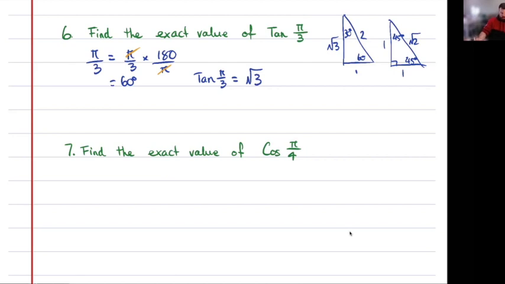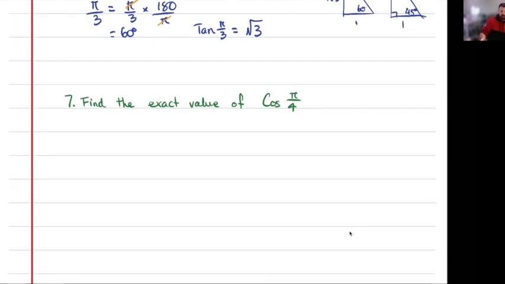In question 7, looking at it the exact same way as question 6, we've got to convert pi on 4. Hopefully from earlier, you remember that pi on 4 was equal to 45 degrees. If not, pi on 4 times 180 over pi, the pi's are going to cancel out.